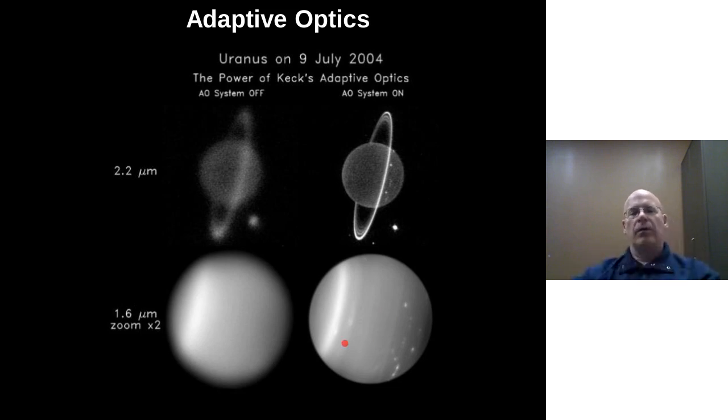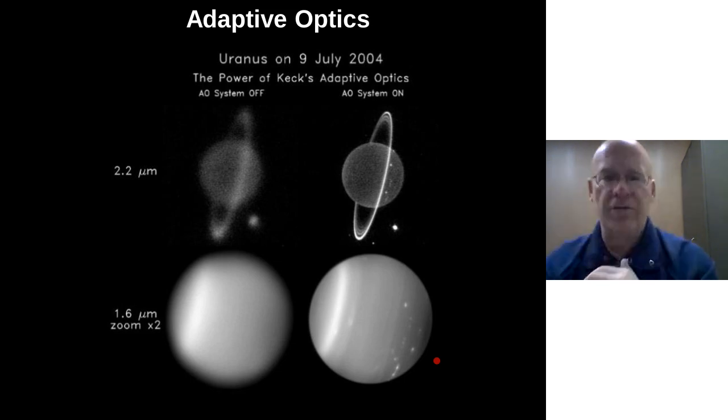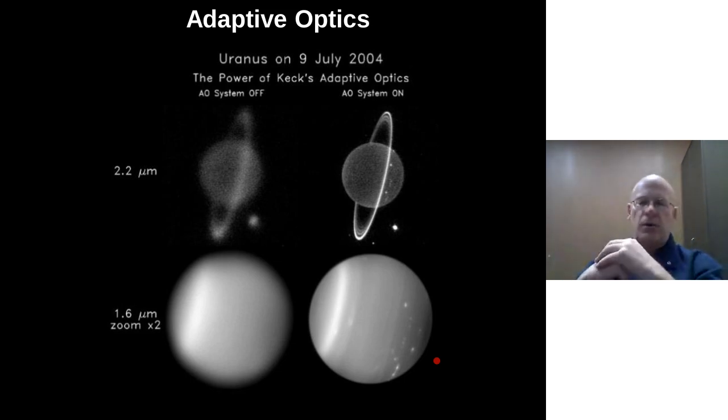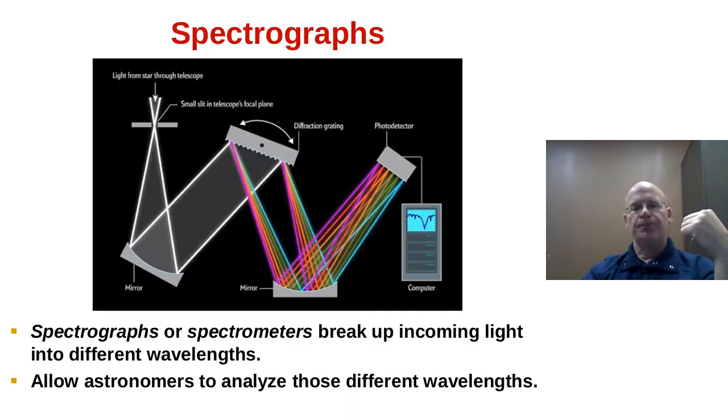And so our ground-based telescopes are very good now. We will not be sending a visible light telescope into space anymore. We've learned how to do it just as well from Earth. But like I said, we still have to send telescopes into space if we want to look at X-rays, if we want to look at most of the infrared, if we want to look at gamma rays.